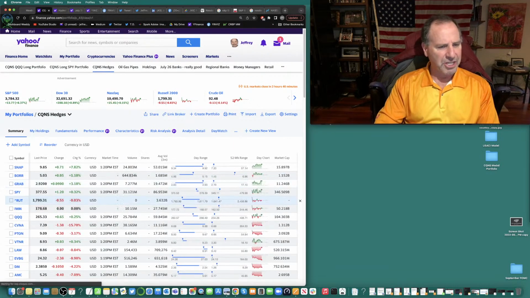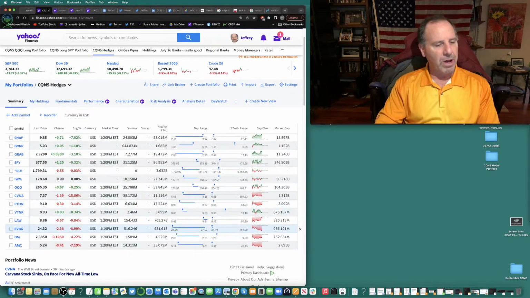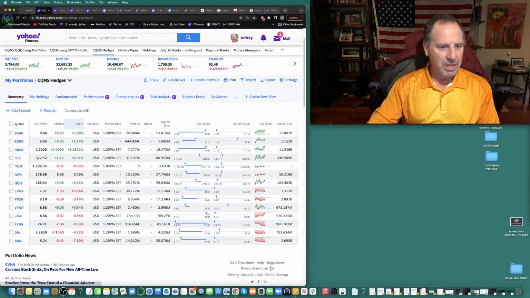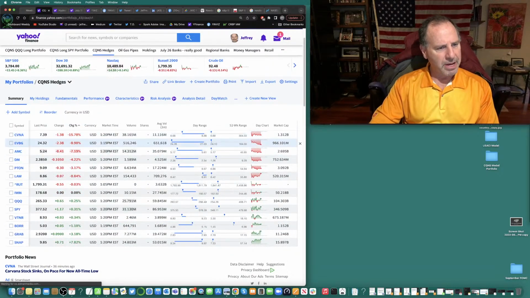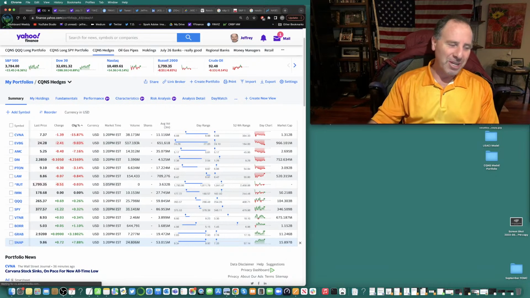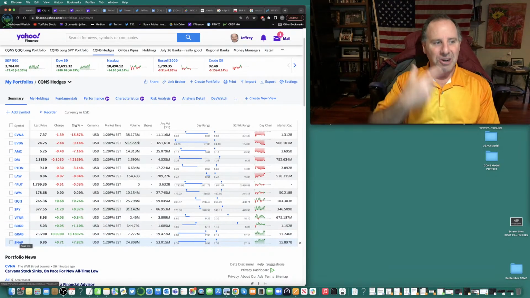If I look at the hedges, these are not all hedges that we hold, but these are hedges. You see some of them are down quite a bit. Some of them are up. And unfortunately for us, 3 of the ones that are up the most are actually the hedges that we chose today in our model.